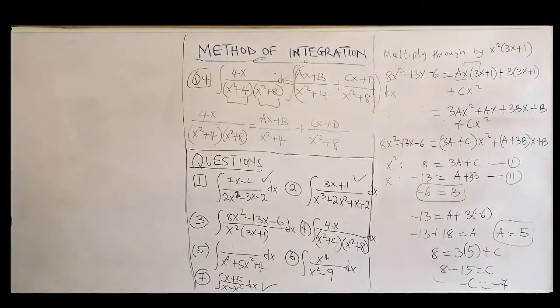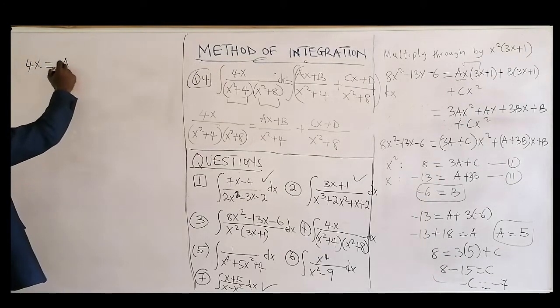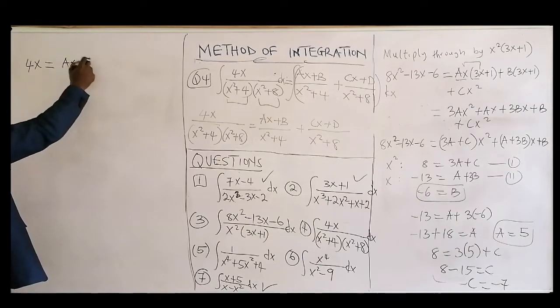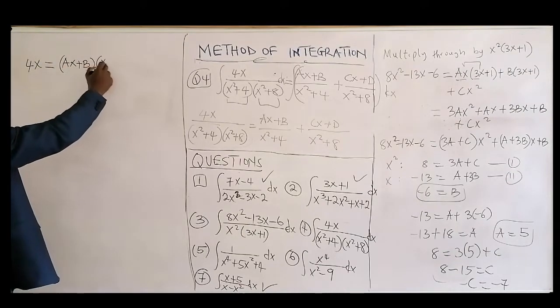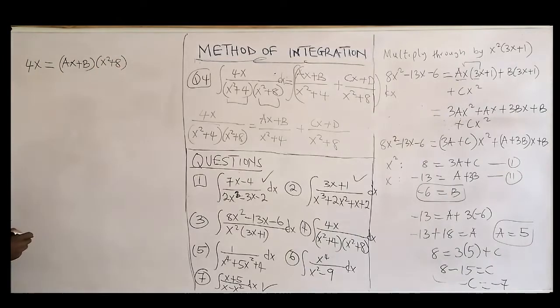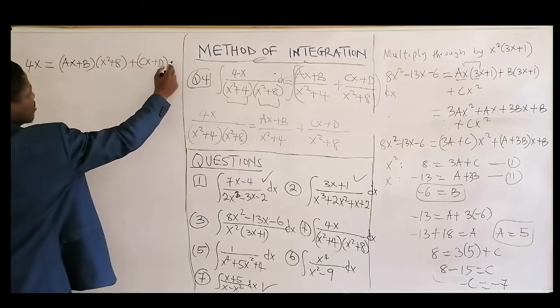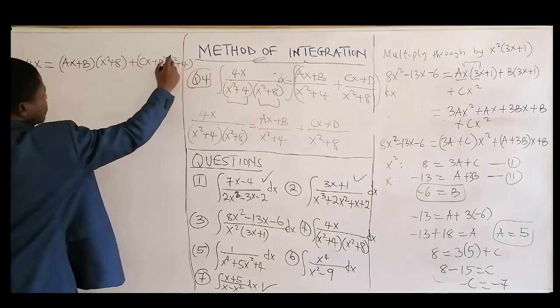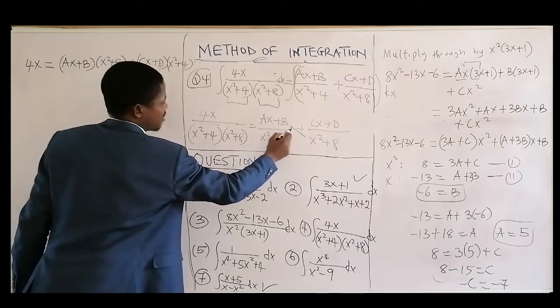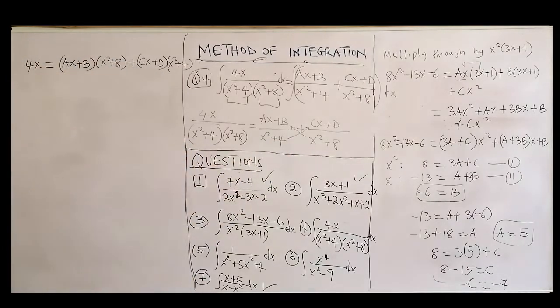If you do that, we have 4x equal to ax plus b times x squared plus 8, then followed by cx plus d times x squared plus 4. So I'm doing this one times this one. Then the next thing is to expand the right hand side.